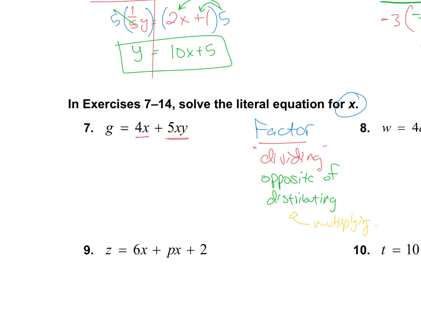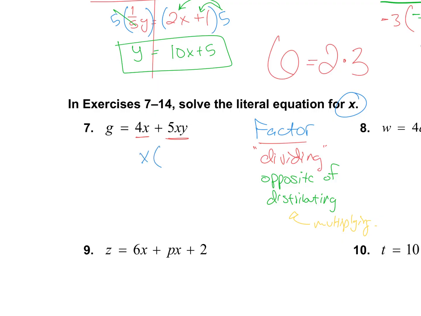If I were to ask you what are the factors of 6, you would say it's 2 and 3. 2 and 3 are the factors of 6. So what are the factors of 4x? 4 and x. What are the factors of 5xy? 5x and y, okay? So this side, every term has x as a factor.